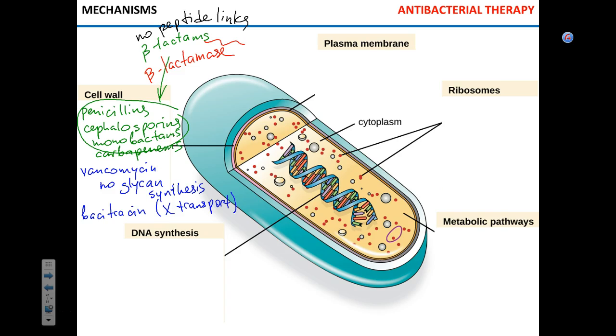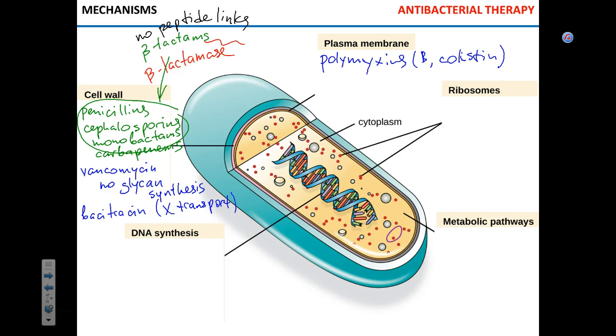Let's do plasma membrane. There are two of them, two classes. Polymyxins, which include B and colistin. Okay.